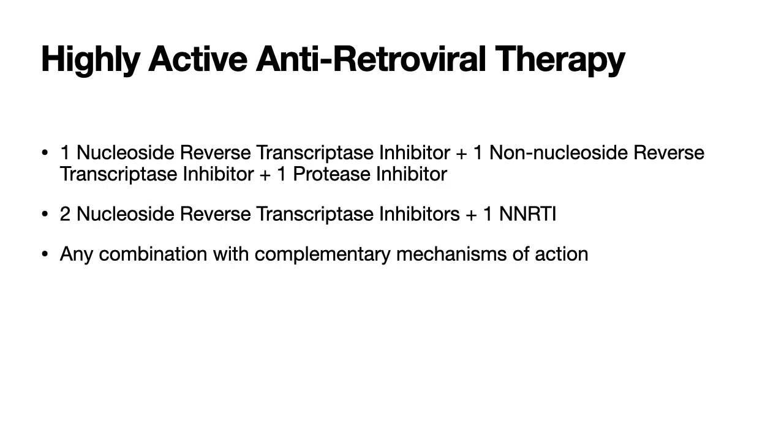So the baseline combinations would be one nucleoside reverse transcriptase inhibitor plus one non-nucleoside reverse transcriptase inhibitor plus one protease inhibitor. Or if there are untoward effects of that combination, we can utilize two different nucleoside reverse transcriptase inhibitors and one non-nucleoside reverse transcriptase inhibitor. But technically, we can utilize many agents, depending on the response of the patient to the initial therapy.